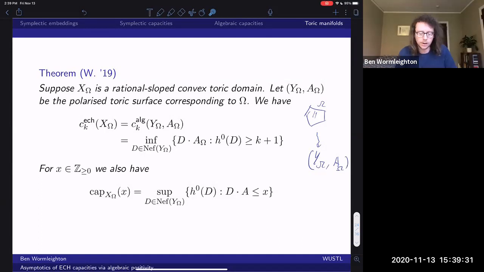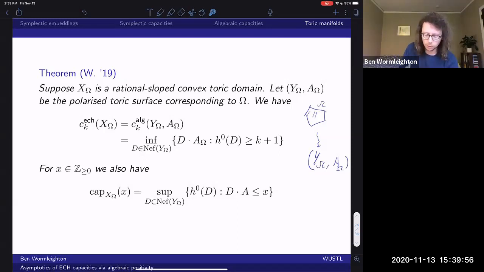Let me also remark that in this toric situation, there's a very nice combinatorial description of ECH due to Christopher Gardner, Choi, and many other authors. That work is one of the main ingredients in proving this theorem. It's why we get an equality here instead of an inequality like we did in the more general setting of rational surfaces.